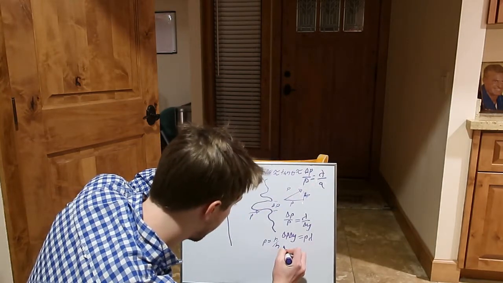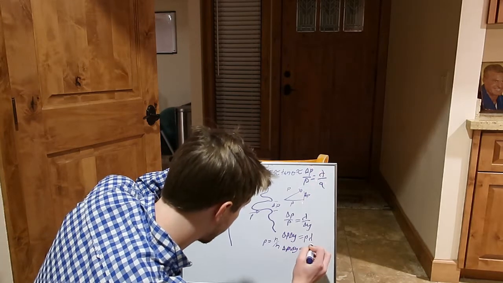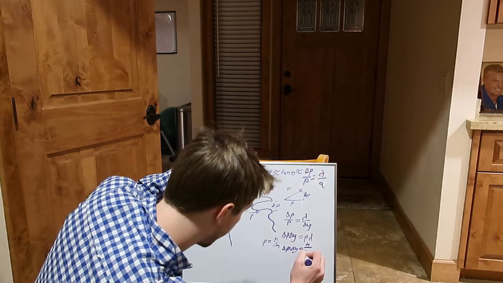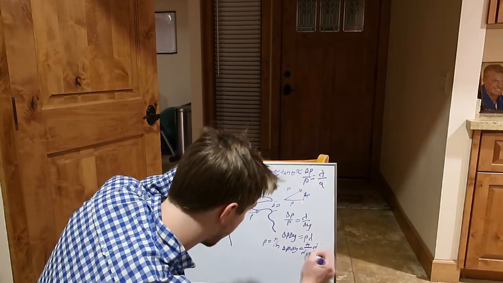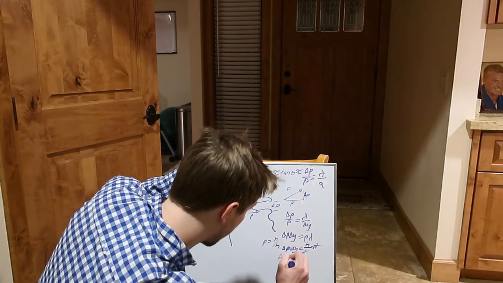Delta P, delta Y is equal to h over lambda. Lambdas cancel out. We get delta P, delta Y is equal to h.